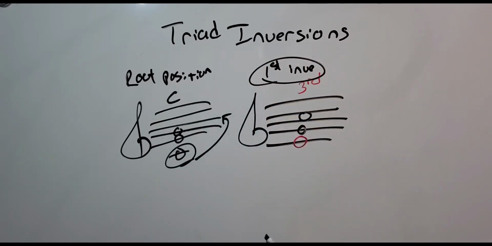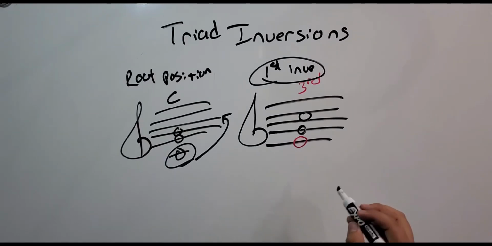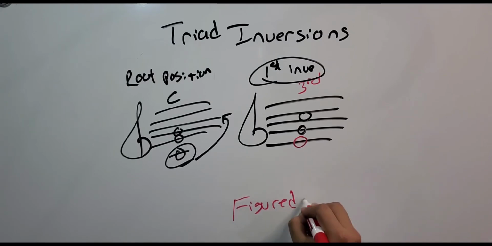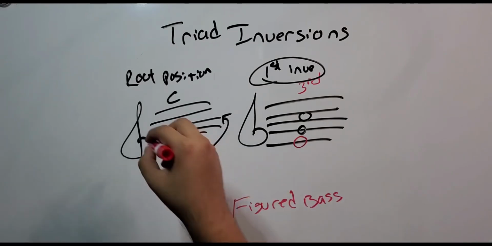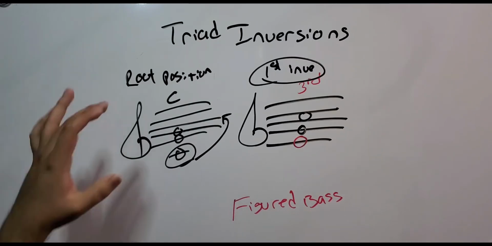Okay? And keep in mind, first inversion and second inversion have what's known as a figured bass. And that's an important term we must know as well. Figured bass is always what goes under the staffs. Right here, I only have treble clefs, but in the worksheets and whenever you see piano music, you always have treble and bass.